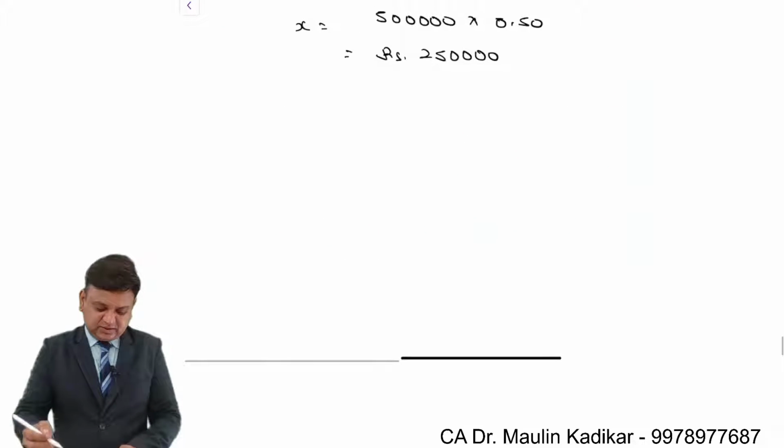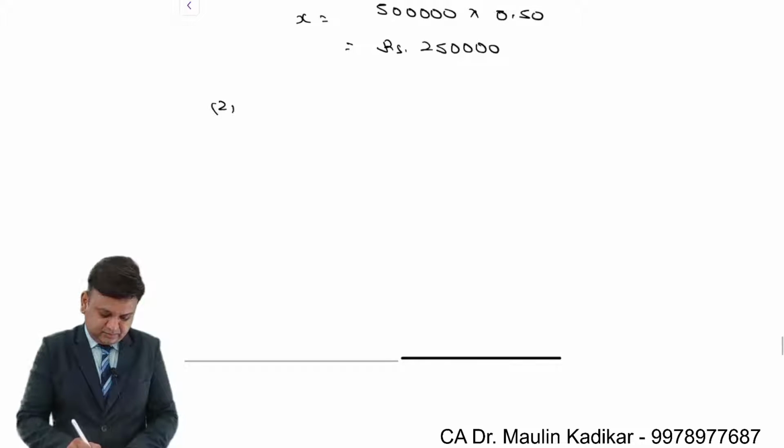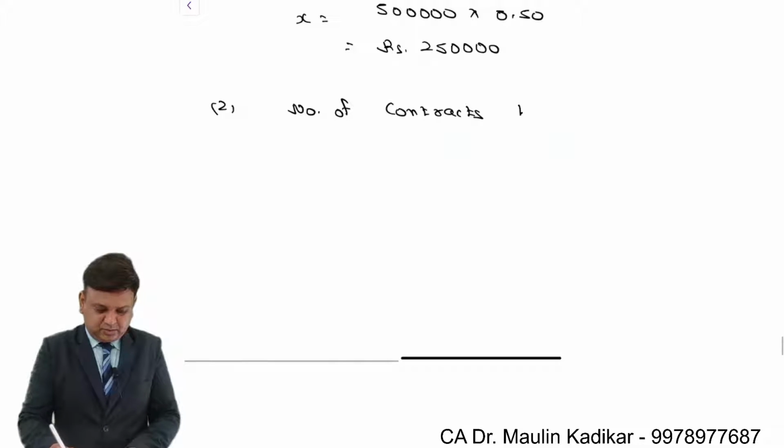Now the answer for the second question: the number of contracts to be sold.